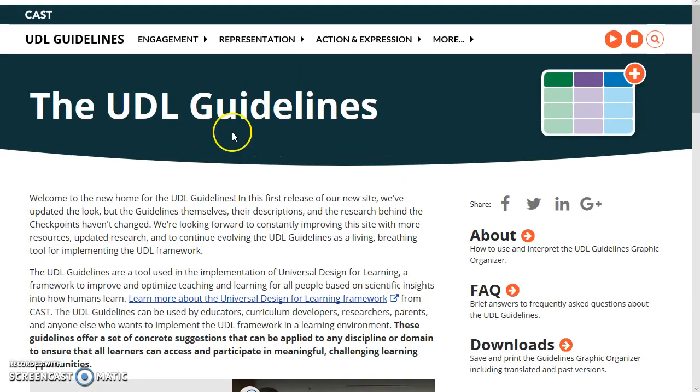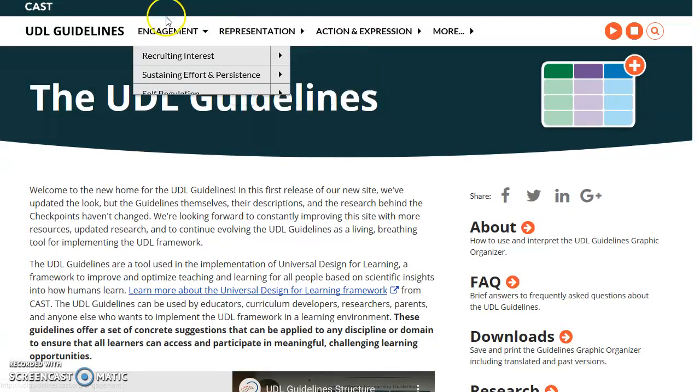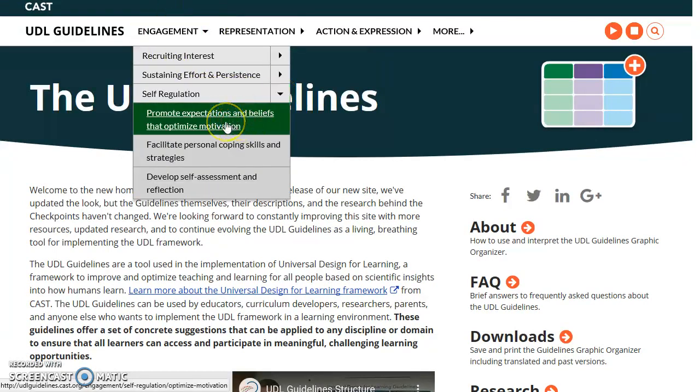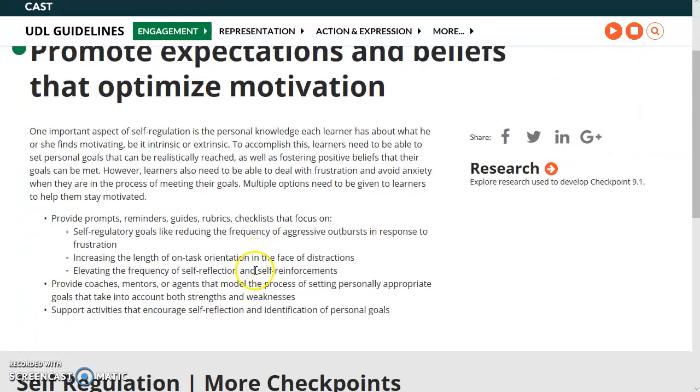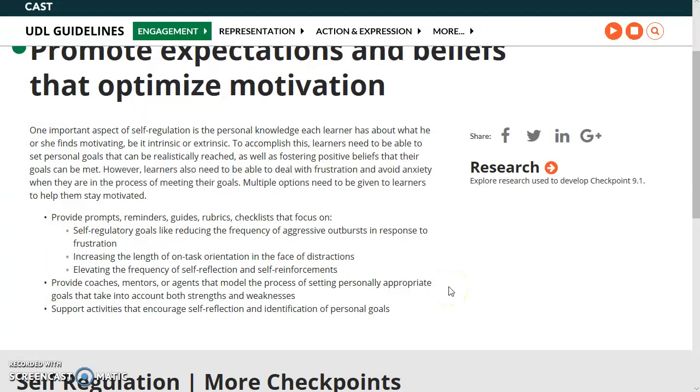So my chosen one, I chose self-regulation. So promoting expectations and beliefs that optimize motivation. It is self-regulatory, so with the growth mindset, it talks about controlling your emotions and being in charge of your own body.